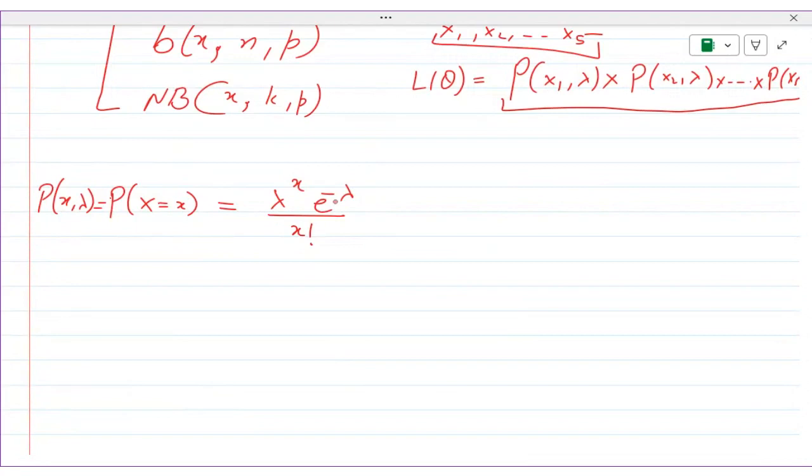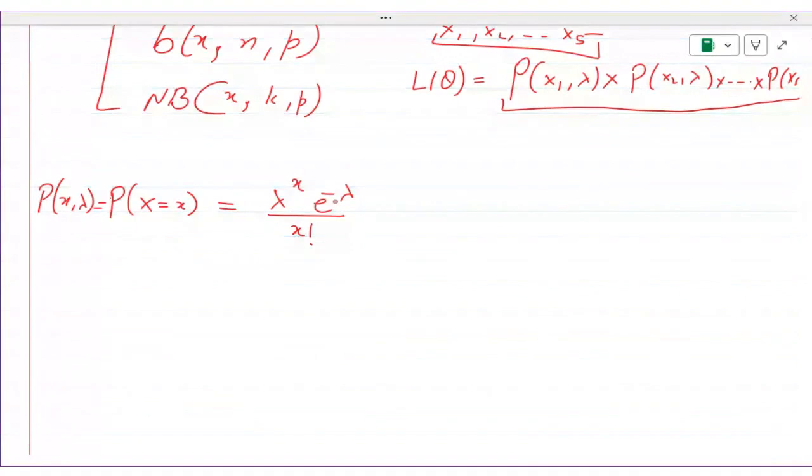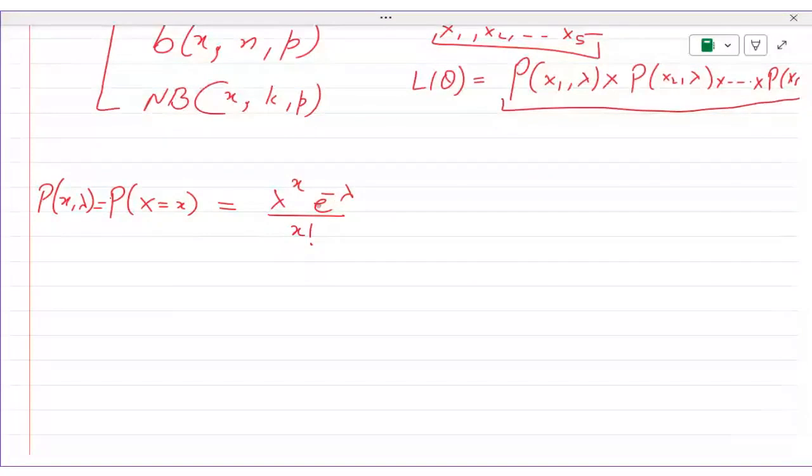Now if I have taken the sample x1, x2, and xn, what will be the likelihood function of that? First I will put these values x1, x2, xn here, and then I will multiply them.